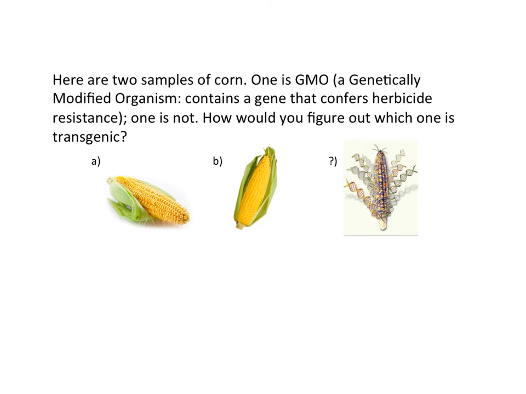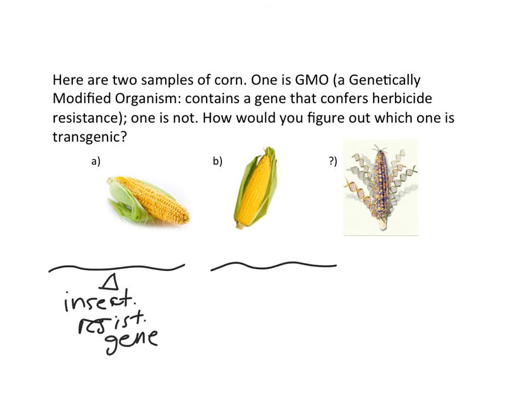So I'd like you to think about how you might apply that technique and what results you might get if you had, let's say corn A is the transgenic corn. It's got a chromosome, and in that chromosome somebody has inserted an insecticide resistance gene. And here's the unmodified corn.